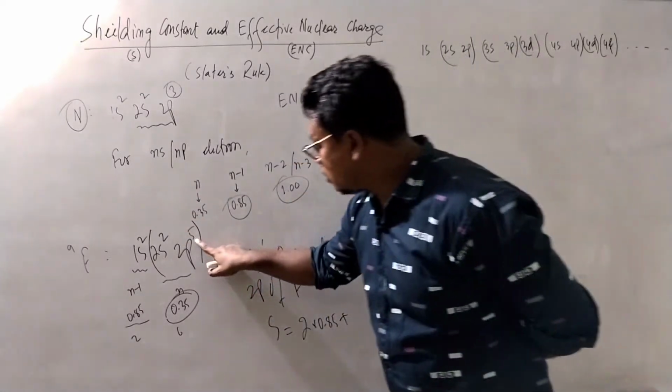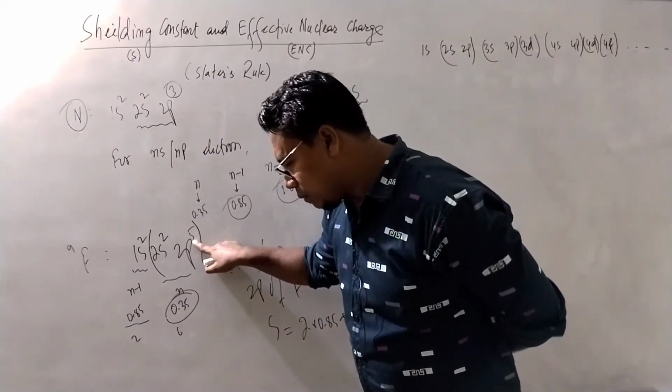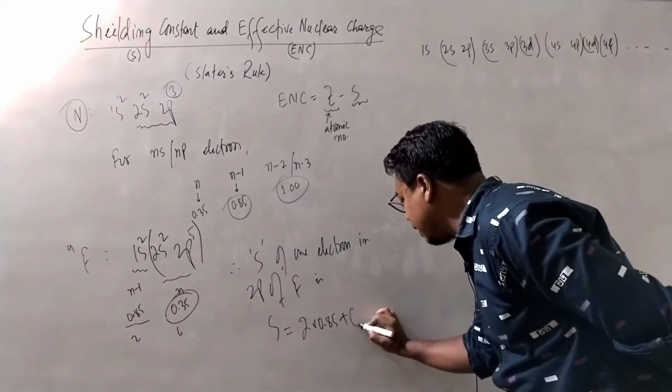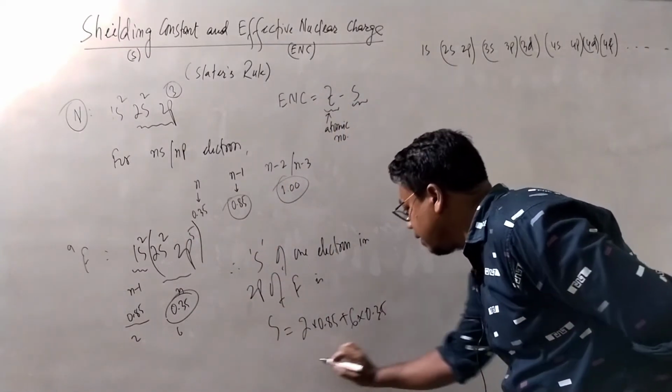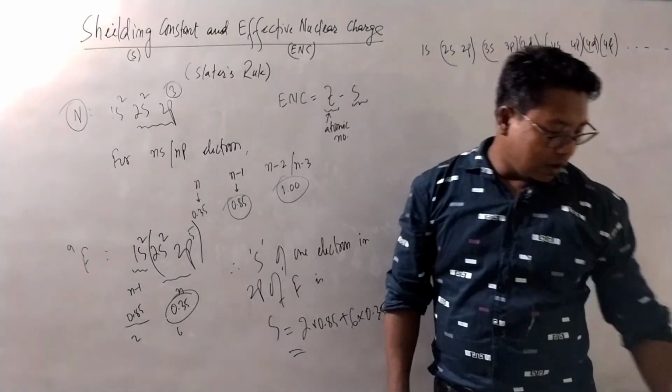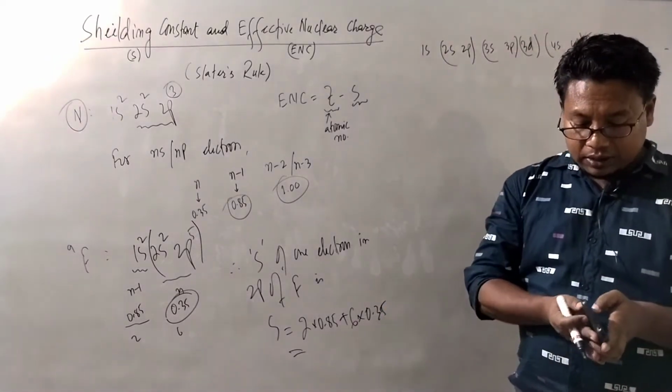So 4 will be left, 4 plus 2, 6. Okay, 6 into 0.35. So this will be our shielding value, and let me calculate this value.